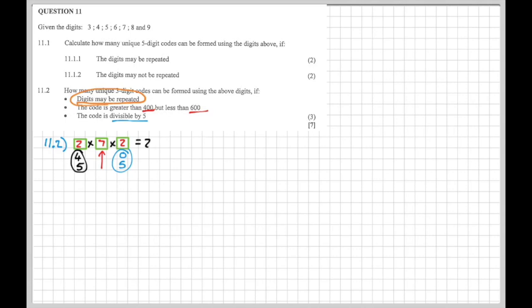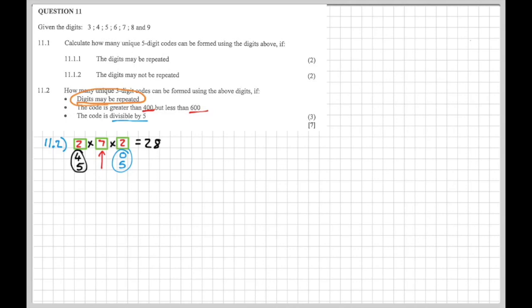Let's multiply. And there's a shocking 28 options that are left. So when you look at codes specifically, the important thing you've always got to do, for me at least, is always draw up how many digits there are. Then we have a look at what is restricting the number of options there are. Then we multiply. Important, do not forget to look at whether repetition is allowed or not.